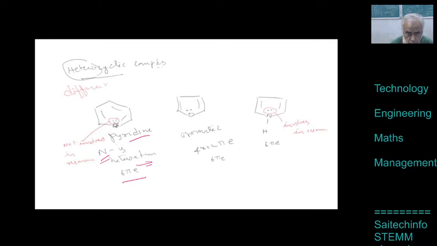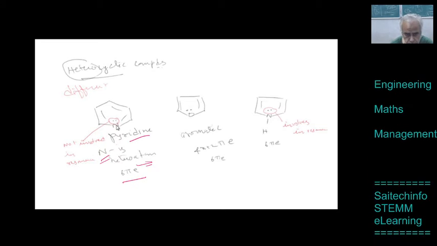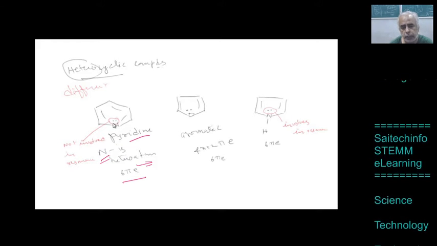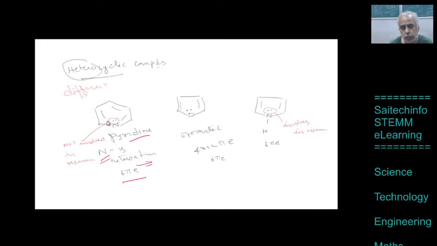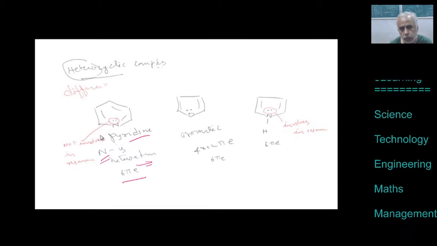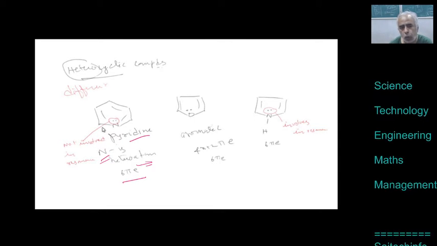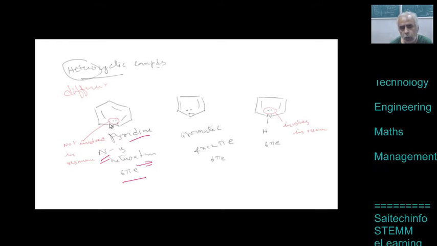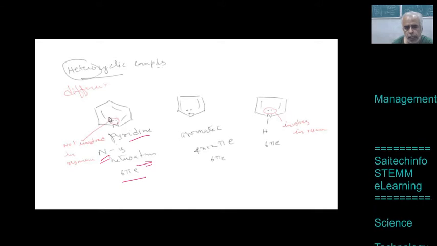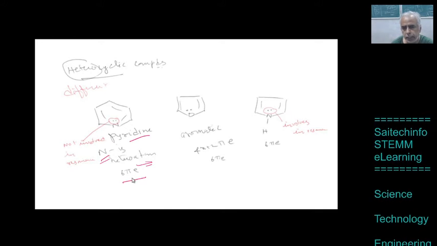But you have another electron pair at nitrogen. Here we do not include that because it is not participating in the resonance, and that is why it is a non-bonding pair. Are you able to follow? It is not involved in bonding, bond overlapping or delocalization, and that is why it is aromatic. So pyridine is an aromatic compound.